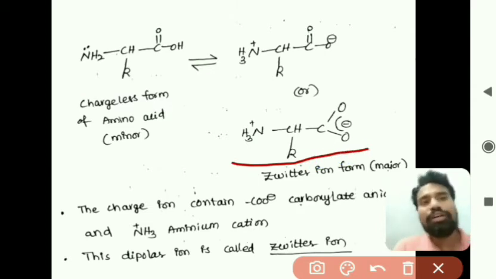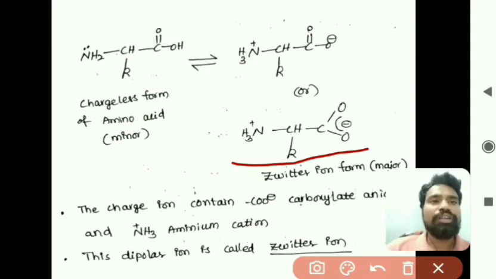This proton transfer makes the amino acid into a dipolar ion. This dipolar ion form of alpha amino acids is called a zwitterion.